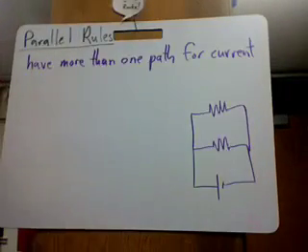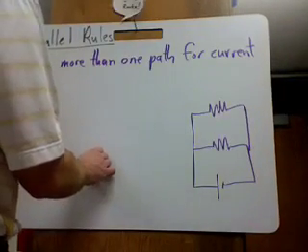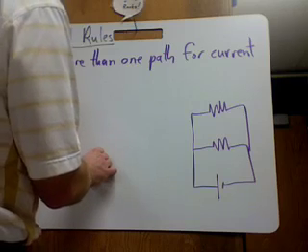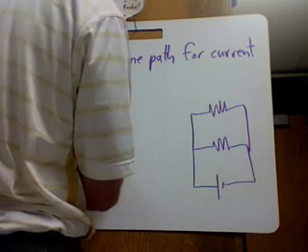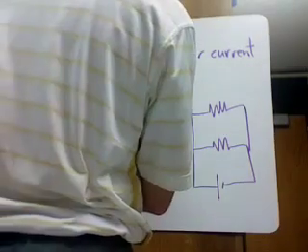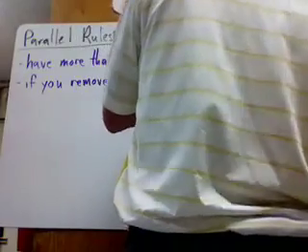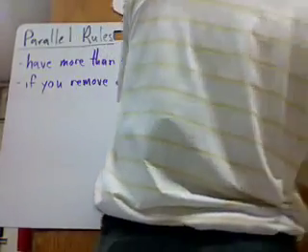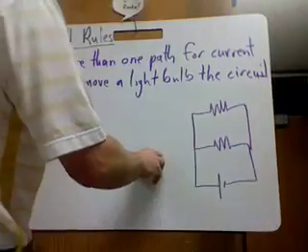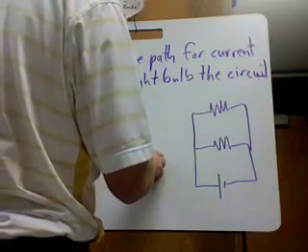Because there's more than one path for current to flow, if you remove a light bulb, the circuit stays complete.